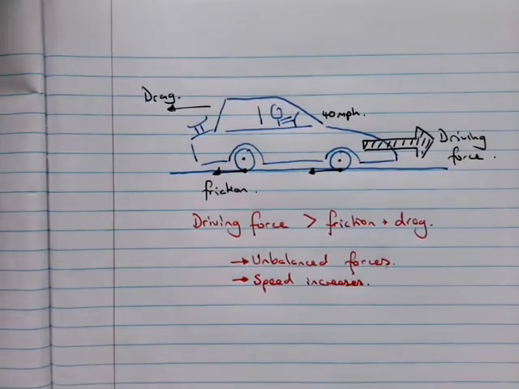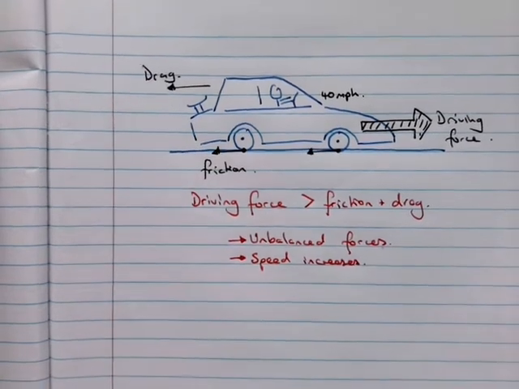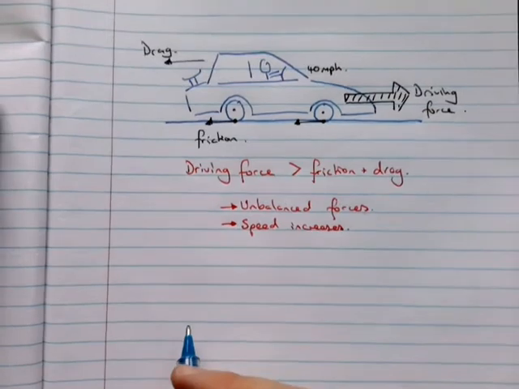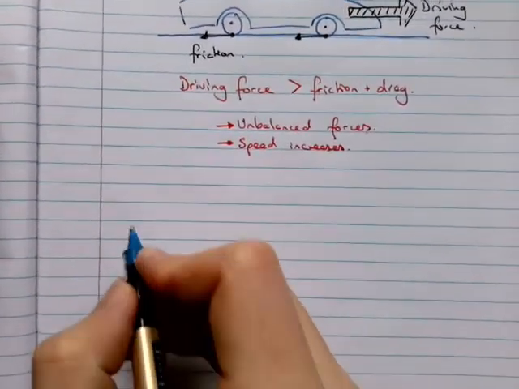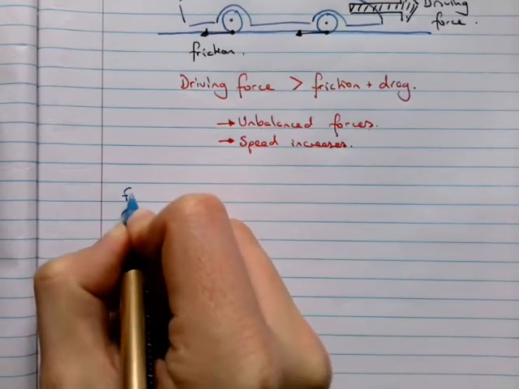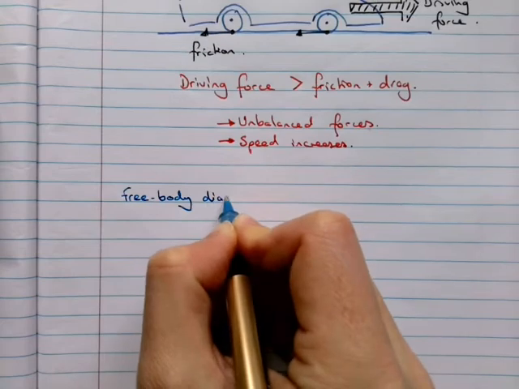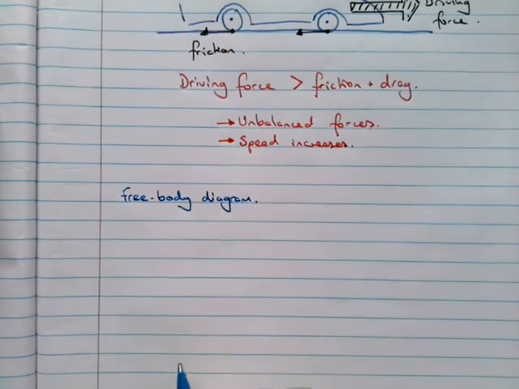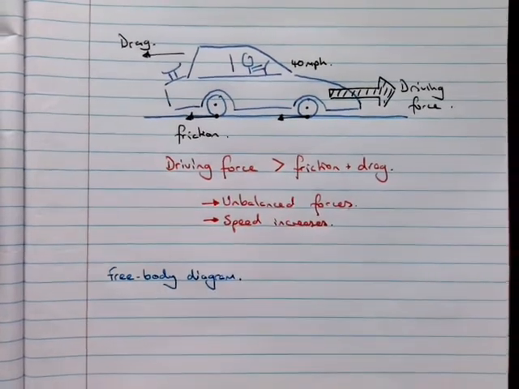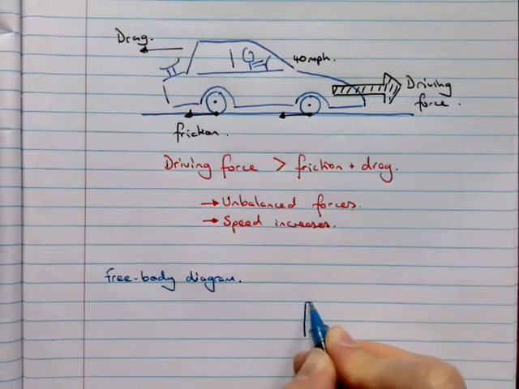Let's do another one, but this time we're going to do it slightly differently. Instead of drawing out a picture of a car each time, I'm going to draw something called a free body diagram. I'll draw this picture out as a free body diagram. So instead of my car, I'm going to draw a box.